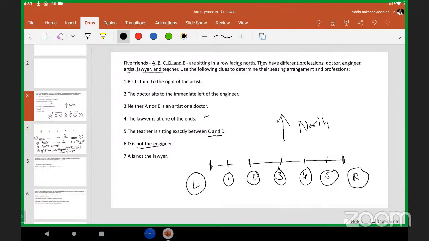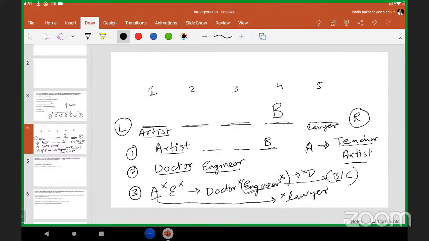Okay, the teacher sits exactly between C and D. So A cannot be a lawyer again. So A has to be an artist because the teacher is sitting somewhere in between. So A will be artist again here.